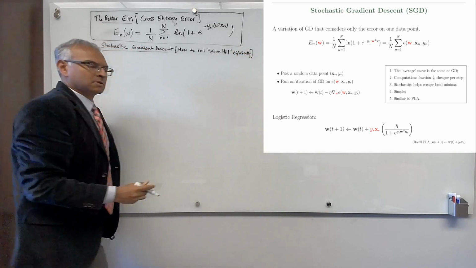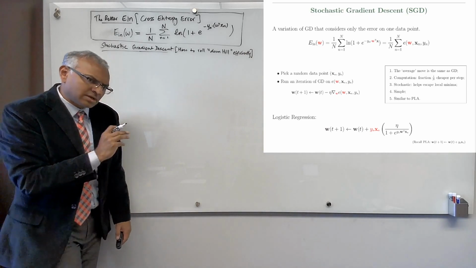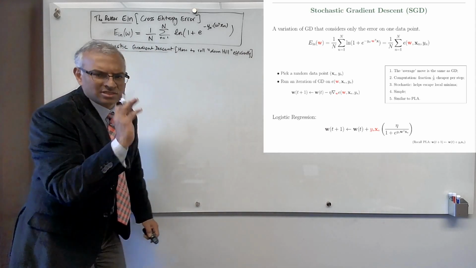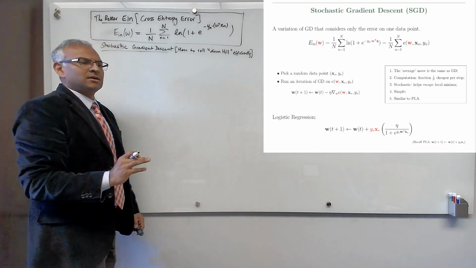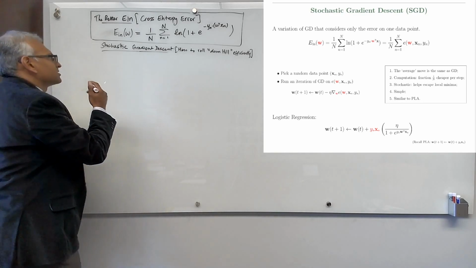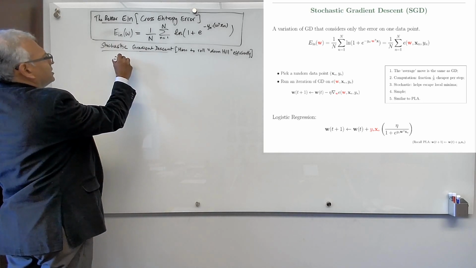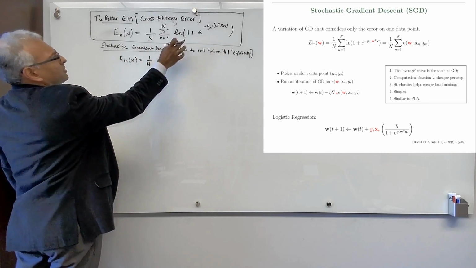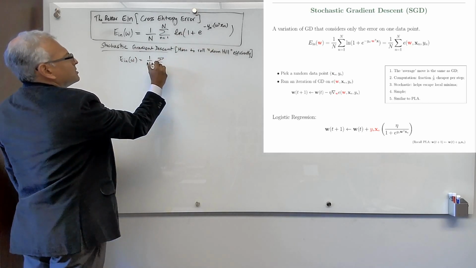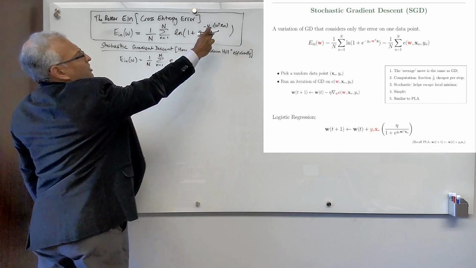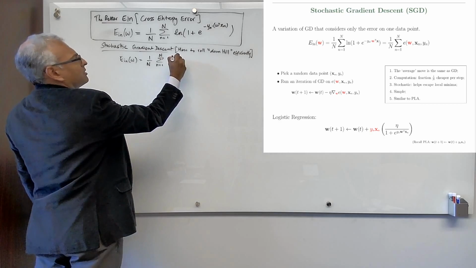Now, gradient descent is guaranteeing you that you will always minimize the in-sample error. Stochastic gradient descent does not guarantee you that. The basic idea is very similar to the perceptron learning algorithm, PLA. The in-sample error, E in of W, is 1 over n times the sum from n equals 1 to big N of a little error for the data point xn.